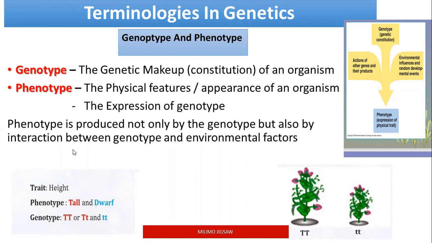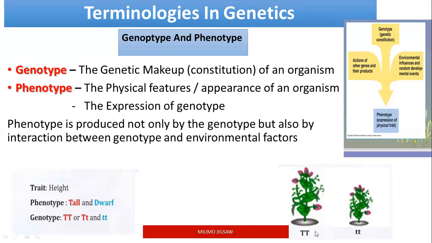So for example, when we are looking at the trait of height, we are going to have an allele for tall and an allele for dwarf or short. And then we are going to have the genotype, for example, TT is homozygous dominant, and then we have homozygous recessive tt, or we can have the combination Tt, which is heterozygous.